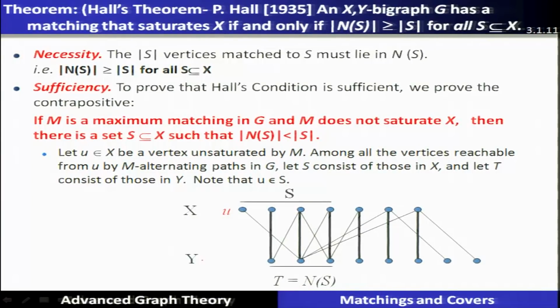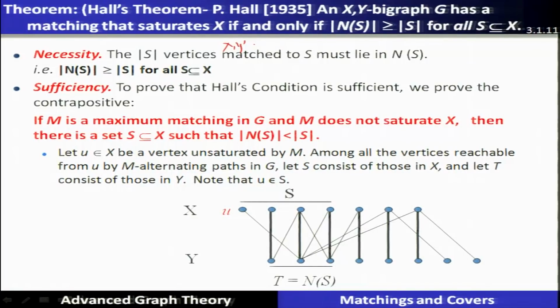Now, let us see the proof. First, we have to see the necessity condition. In the necessity condition, we are given that there is an XY bigraph that has a matching that saturates X.